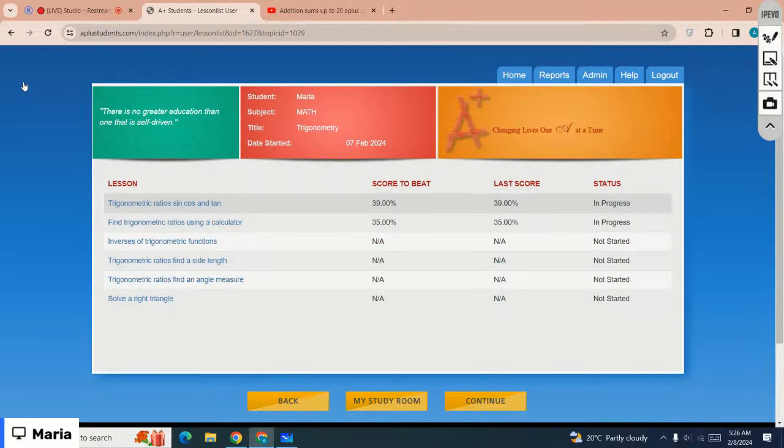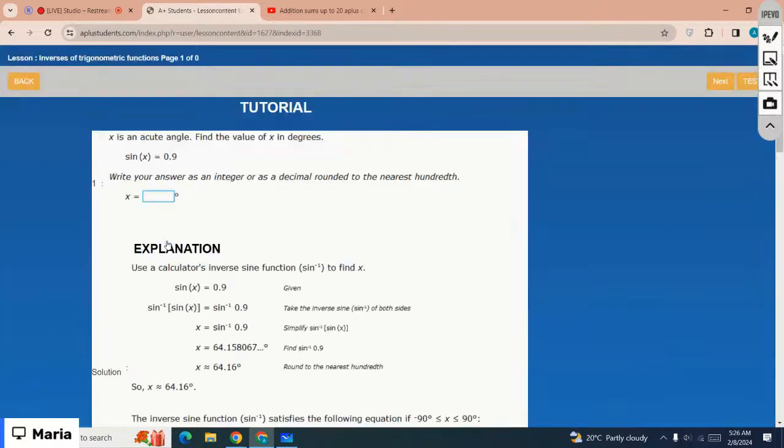the inverse of trigonometric functions. So let's just start with the next lesson, that is inverse of trigonometric functions.